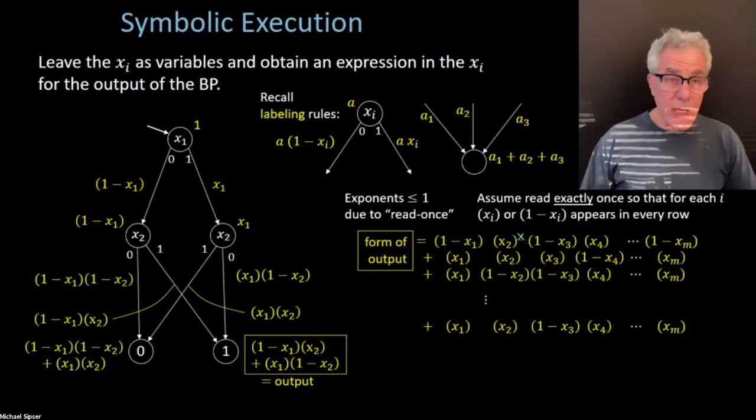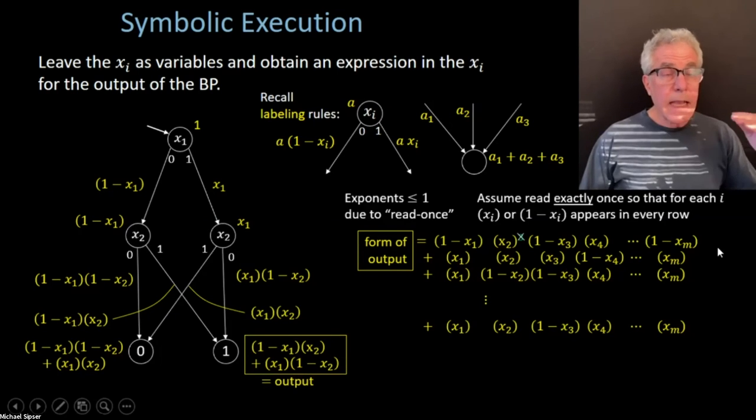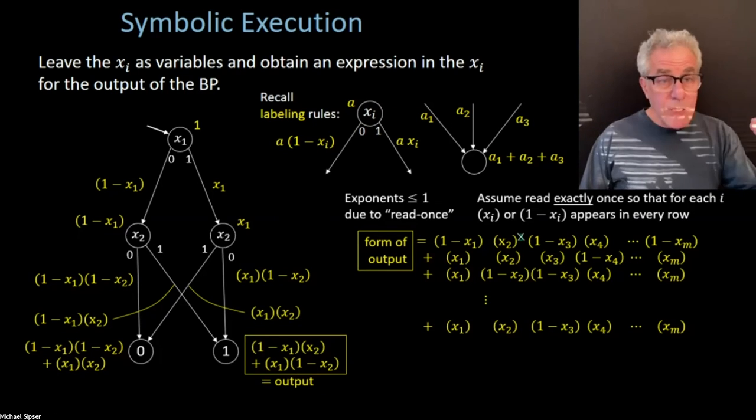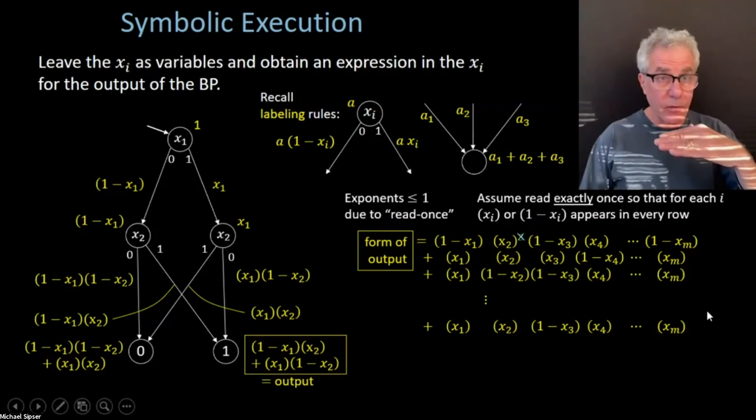Every other assignment to those variables makes that row 0. Saying that another way, each of these rows corresponds to one of the rows of the truth table for the Boolean function, where the truth table gives a true value, a 1 value, for the function on that row.